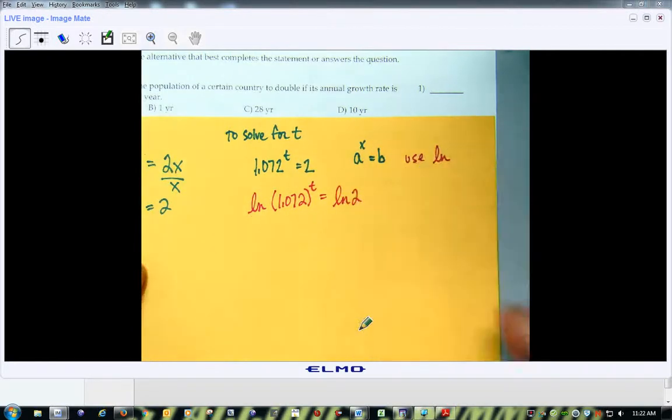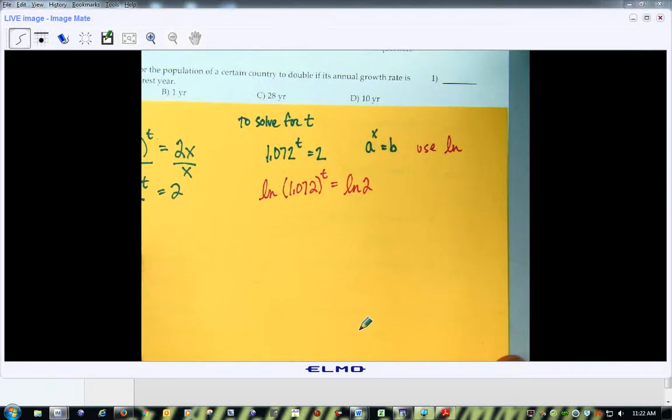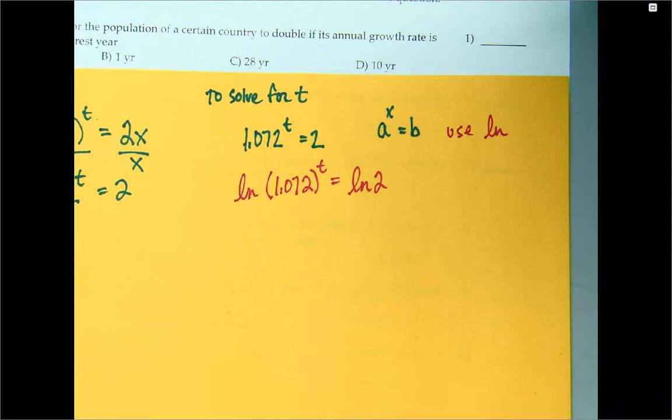Now, does this violate any math rule that we've learned so far in the past? Can we do the same thing to both sides of an equation? That's a rule that we have. We can add something to both sides. We could subtract, multiply, divide, raise to a power. Now we have this thing called a natural log, which we haven't really worked with yet.